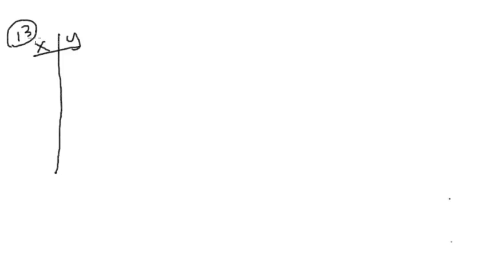Then you're going to look at the table under table mode. And you can see that starting at negative 3, negative 2, negative 1, 0, 1, 2, 3.